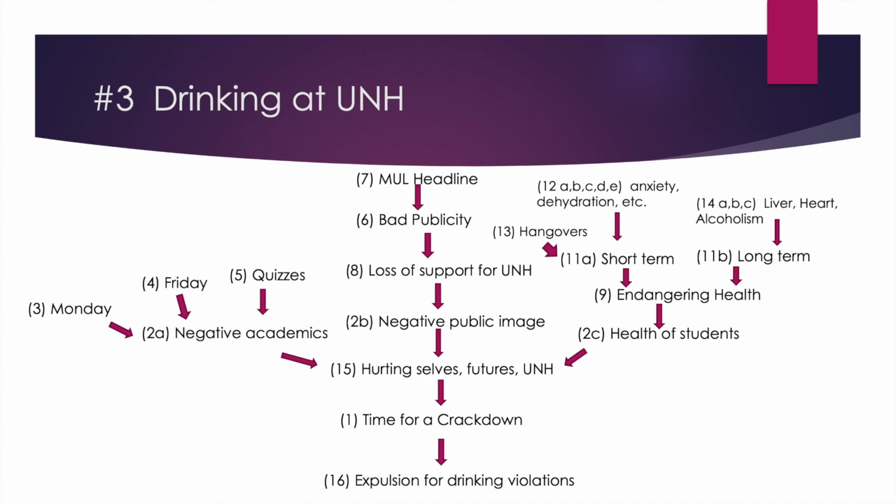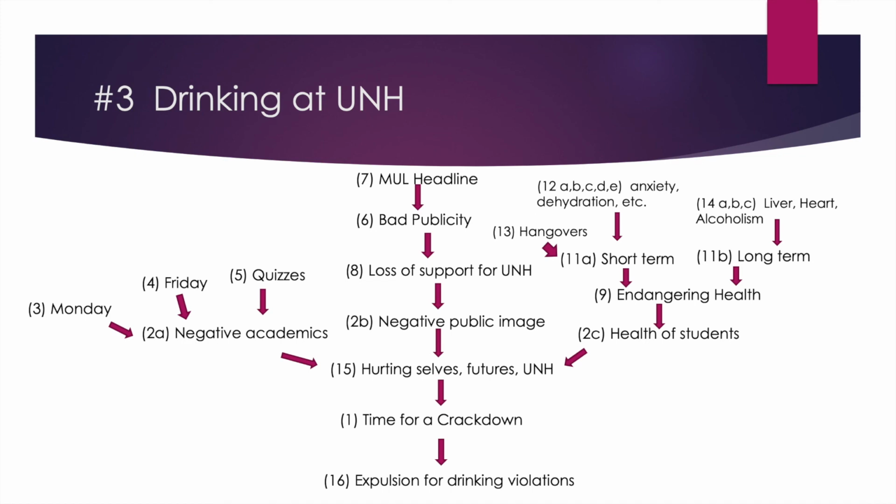We identify those as 12A, B, C, D, and E. In addition, we have the hangover epidemic, which is assertion 13. All of these are short-term health effects. We have the longer-term health effects, 14A, B, and C: liver, heart disease, alcoholism. These are all long-term, right? So the long-term health effects, again, prove that students are endangering their health.